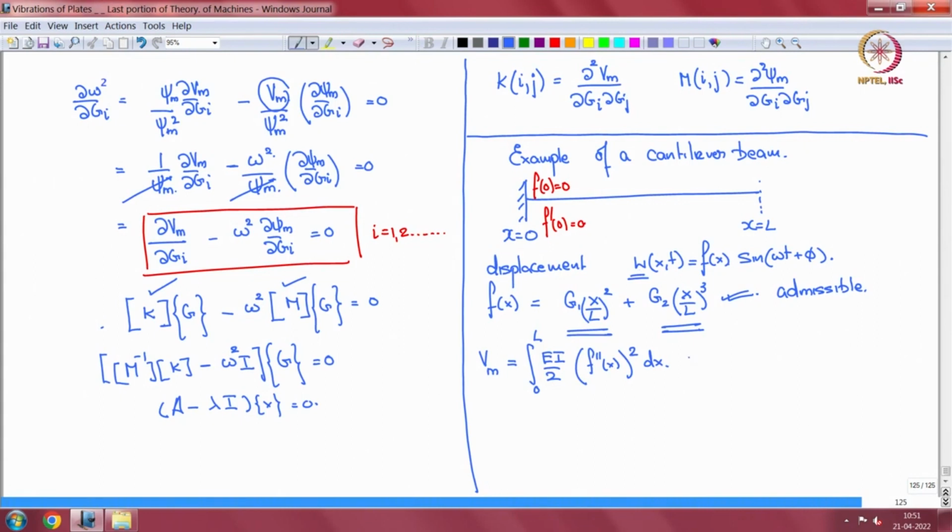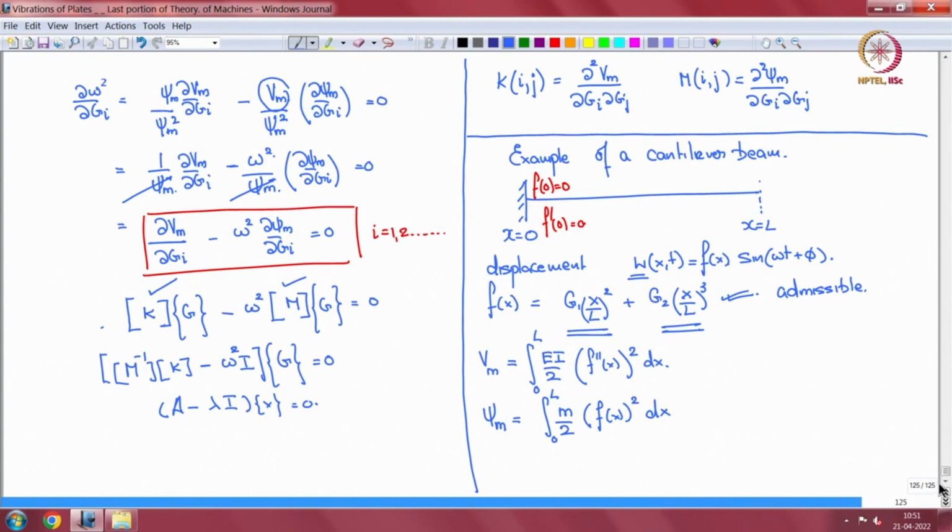Then what is psi m, the kinetic energy function? That is integral 0 to L, 1/2 of m, f of x whole squared dx. It's part of half m omega square w.